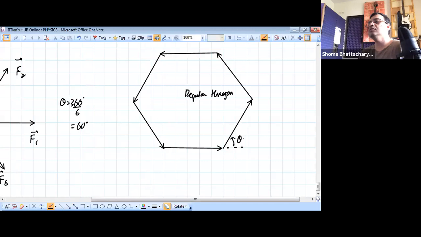You see that these angles are all theta equal to 360 each. I mean, 60 each.